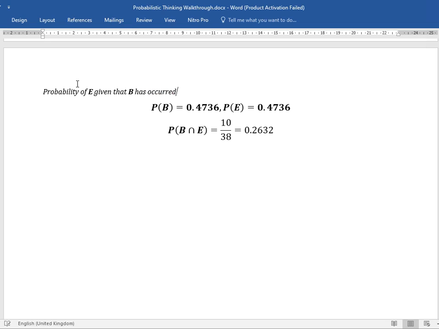So we're going to be updating our degree of belief in the event E by information available to us based on the event B that has occurred. So the uncertainty for us doesn't lie in B because B has happened, it's a certainty. The uncertainty for us lies in E, in the event E, because E has not occurred. So this is where the uncertainty lies.